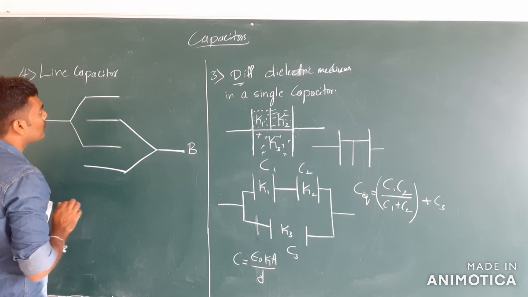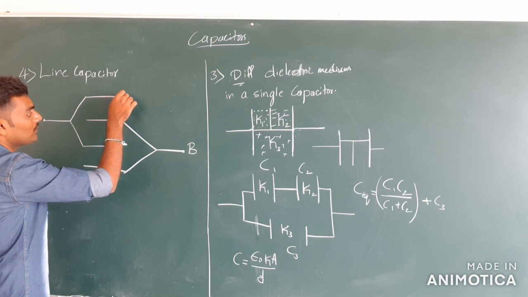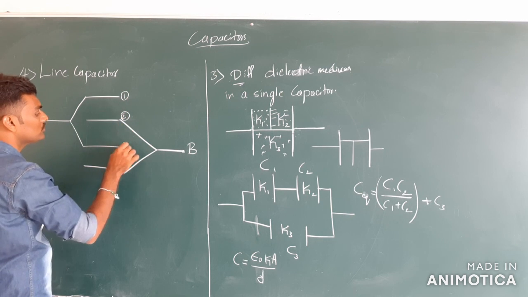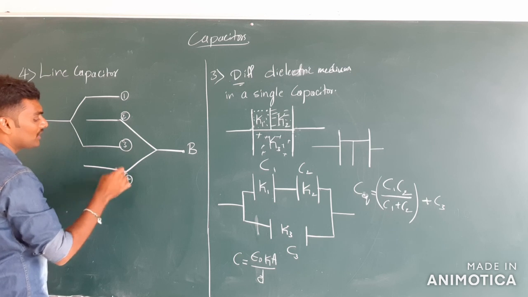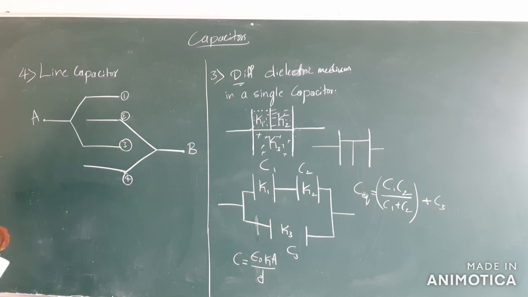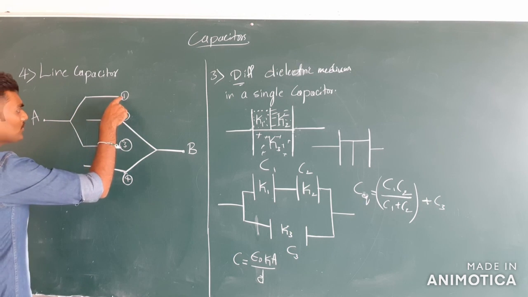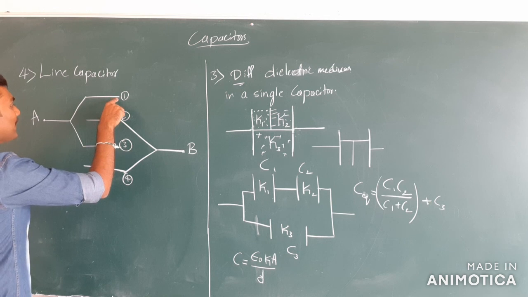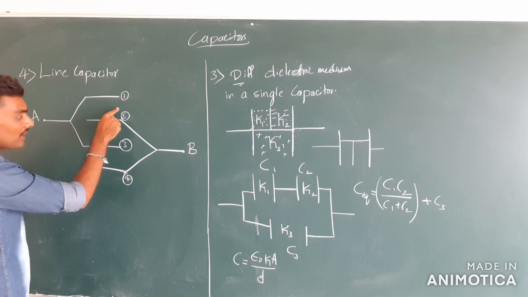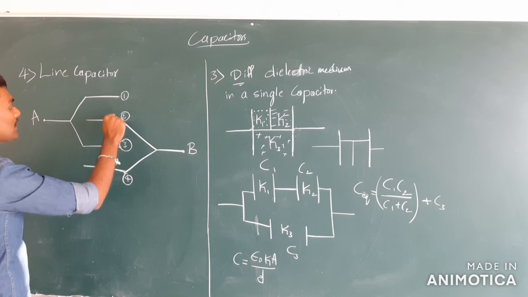If this is the kind of problem given, then you should number the plates as 1, 2, 3, 4. Whatever the number of plates you have, number them as such. Then start choosing the plates which are in parallel with each other without any plate in between. See now plate 1 and plate 2.